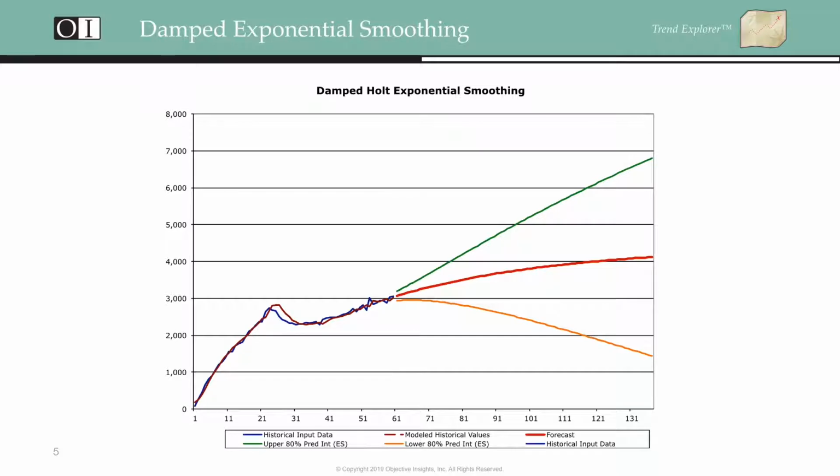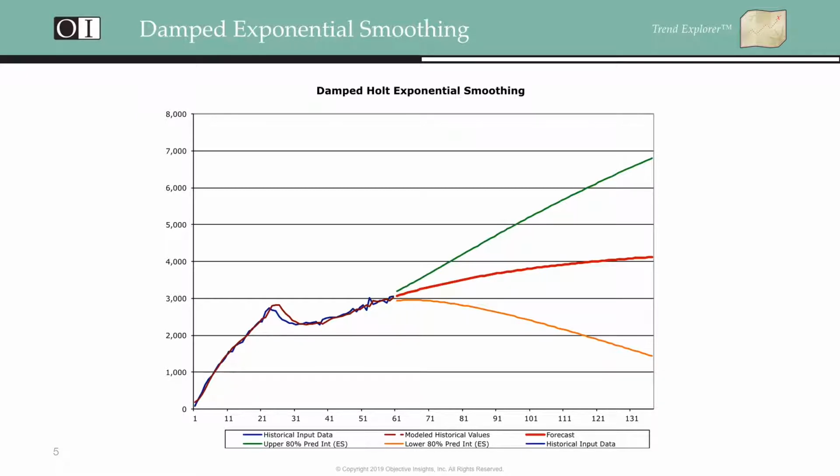On the next slide, we have an example of a damped Holt exponential smoothing trend. On the left-hand side, we've got the historical data with the solid blue line. Then we have the trend with the solid red line, and you'll notice it flattens out as we go, so it's being damped. At the high end, we've got the green line, and at the low end, the orange line.